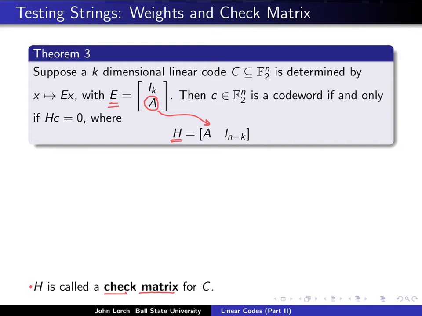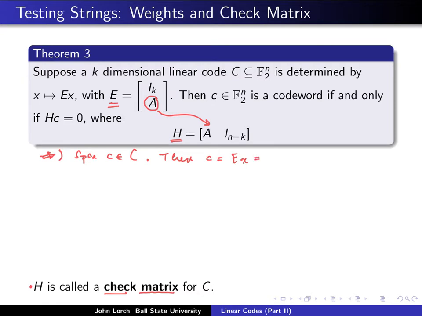All right, so let's prove the theorem. It's an if and only if statement. That means it requires 2 proofs, a forward direction and a rearward direction. So for the forward direction, we suppose C is a code word, and we're going to show that H times C must be 0. If C is a code word, then we know that C is equal to E times X for some X in F2^k.